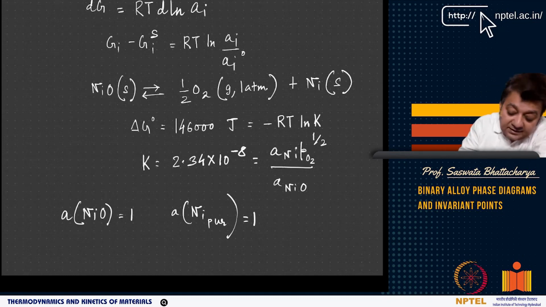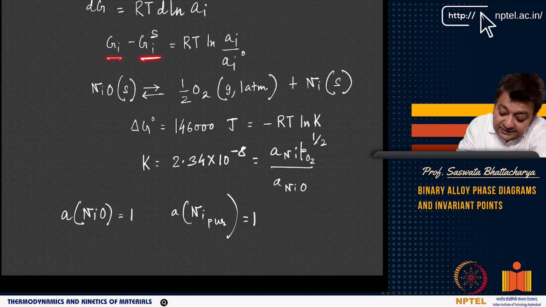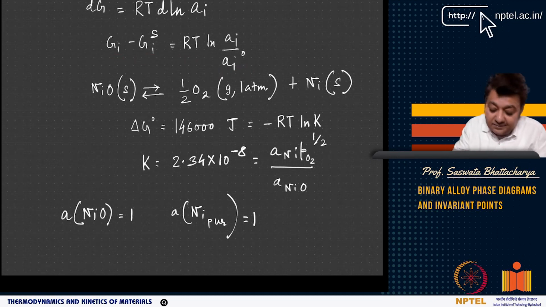Now, if you see, dG is RT d ln AI, right? So we know the change in free energy is proportional to the change in activity AI. Now, S is the standard state, and if you integrate this equation, you get GI minus GI standard or GI reference equals RT ln AI by AI naught.